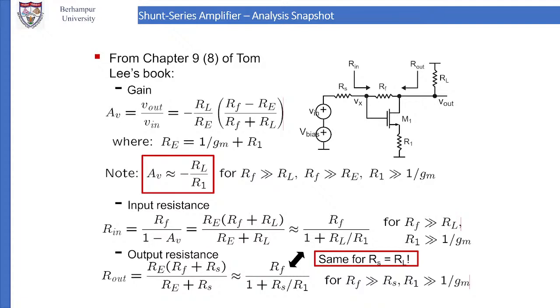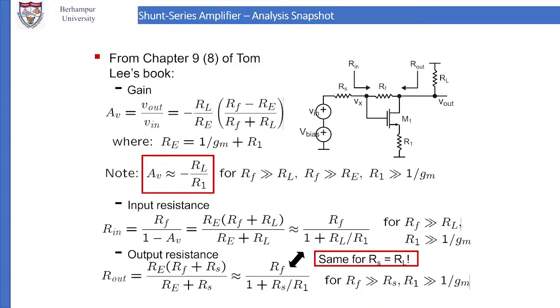AV, the voltage amplification, is equal to V out by V in. Now V out by V in, you know, is RL by RE into RF minus RE by RF plus RL. What is RE? RE is equal to 1 by GM plus R1. RL is load impedance.